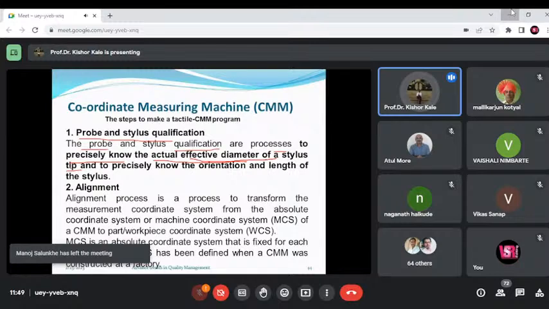Next is filtration of noise from data. In the case of scanners, not in the CMM, the number of points added will include noise. Noise means unwanted data will be there, so we have to filter it out. This is the first step which is taken care of. Many algorithms are there to filter the data.